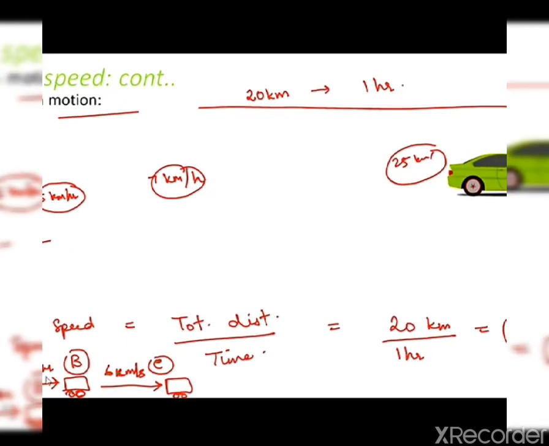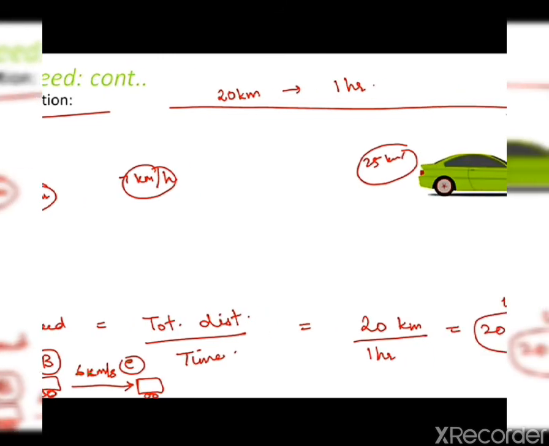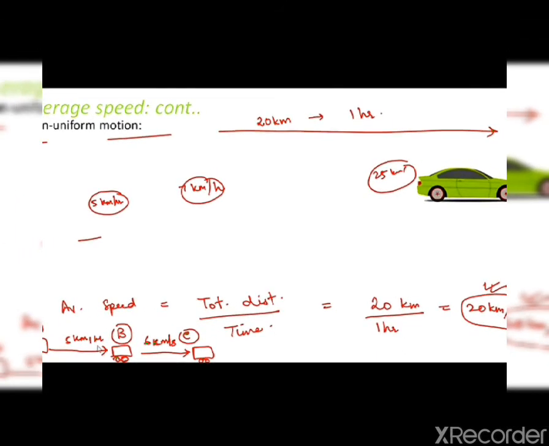Then it moved a little bit and its speed increased a bit, say it became 7 kilometers per hour. Then again, say it reaches a smooth road and the speed increases to some higher value, say 25 kilometers per hour. What I am trying to say is that during the entire journey, sometimes the speed of the vehicle is more and sometimes it was less. That means it was not uniform every time.